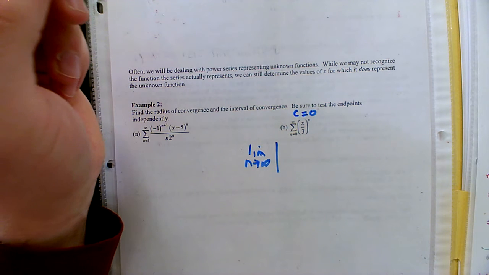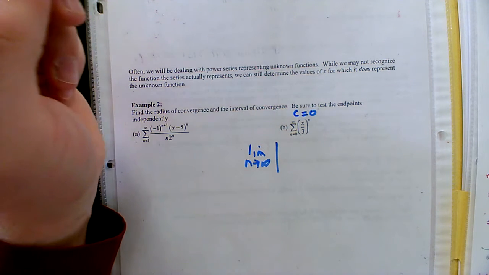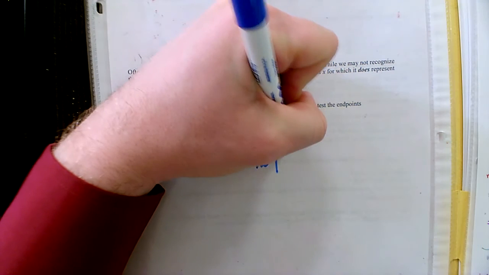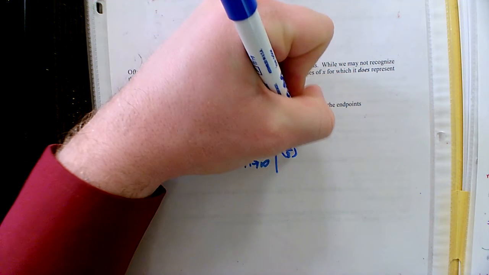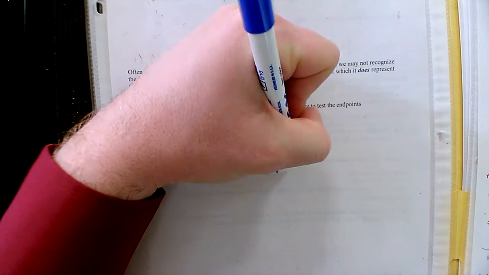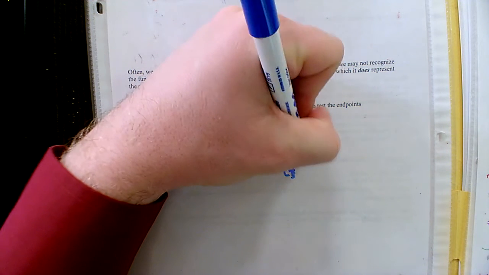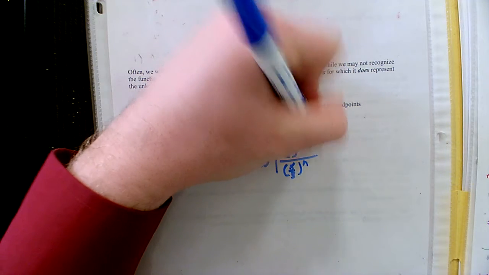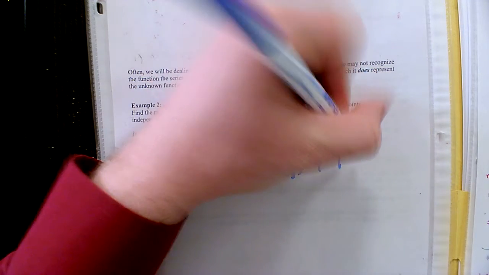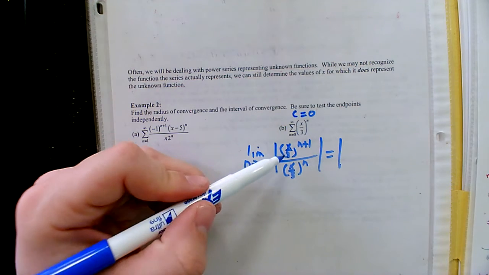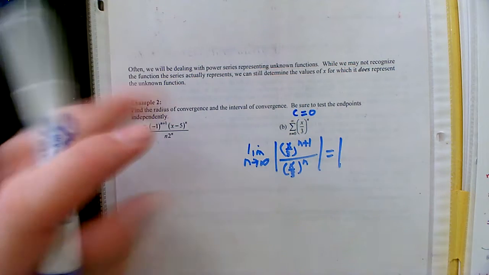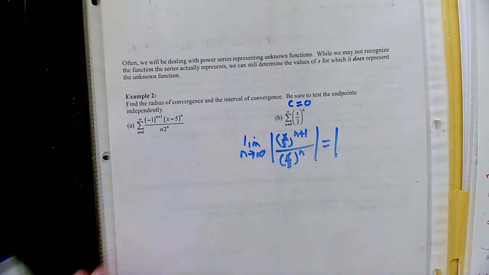Again, we have the original, but everywhere we have an n, we put an n plus 1. So x divided by 3 to the n plus 1, over x over 3 to the n. What are we left with?